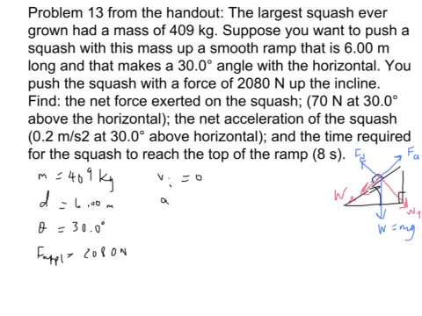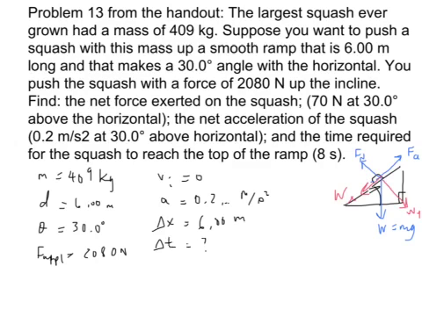We know the acceleration, it's 0.2 dot dot dot, keep all of the decimal places, meters per second squared. We know delta x, the displacement, which is 6. Even though I wrote it as delta d here, it really is the displacement up the ramp. And the thing we're looking for is time, delta t.